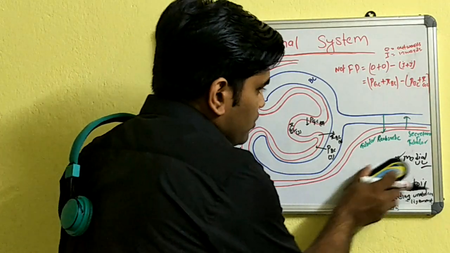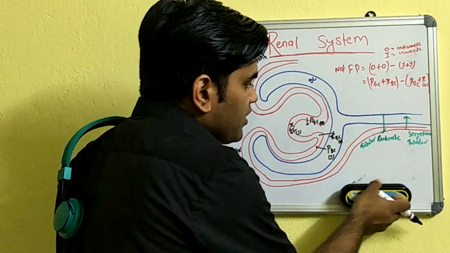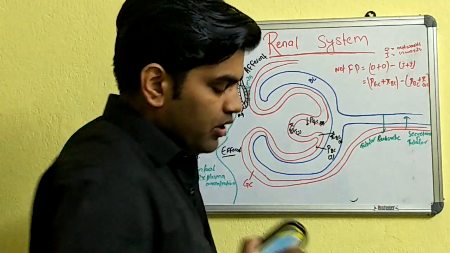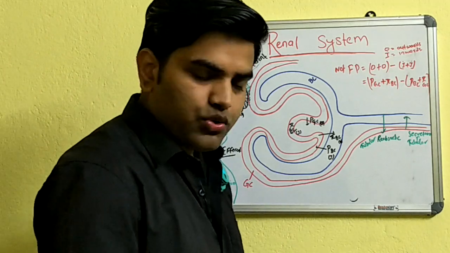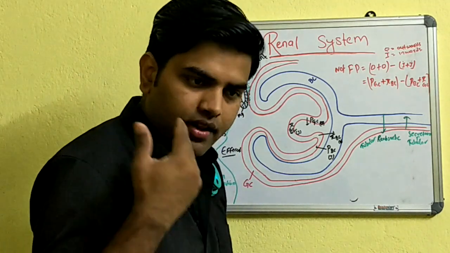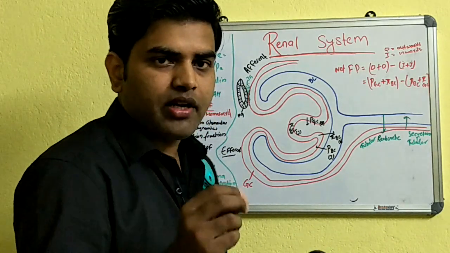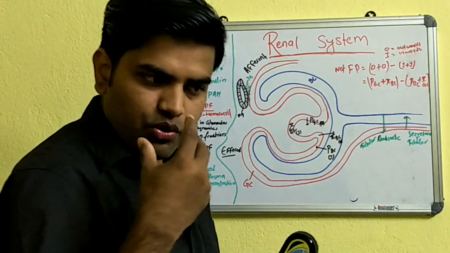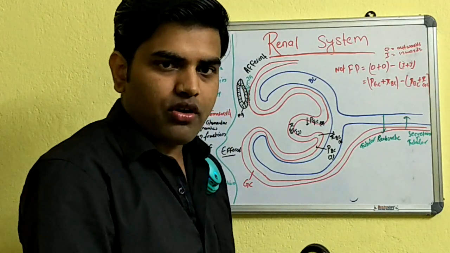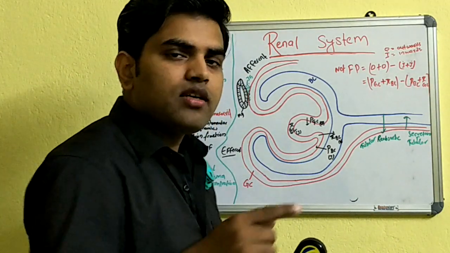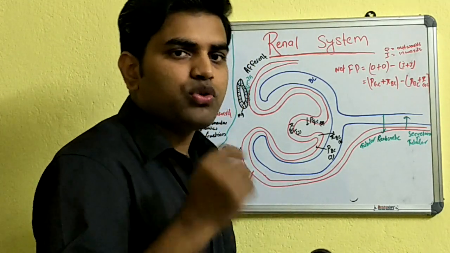Now there is another point we need to discuss, the congenital inguinal hernia. Normally after birth the kidney ascends and the testis goes down into the scrotum. That is the normal process. When the testis goes down into the scrotum, the peritoneal layer also goes down with it.